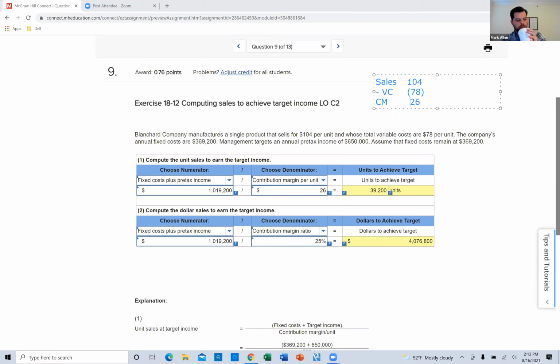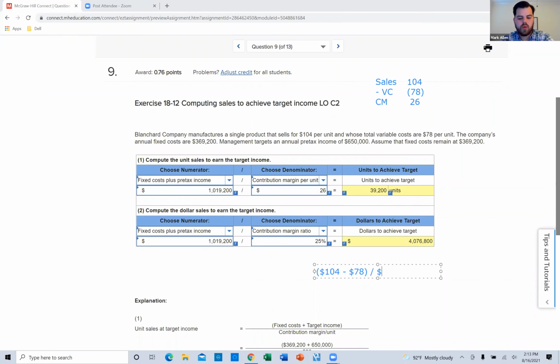Now, to compute the dollar sales, I'll simply take my 1,019,200 divided by 25%. That 25% is, of course, my 104 minus my 78. Or if you want, you could just use that 26 that we already calculated divided by 104. That is, in fact, 25%. And so now you'll simply take your fixed costs plus your pre-tax income divided by the 25%, and here's your 4,076,800.